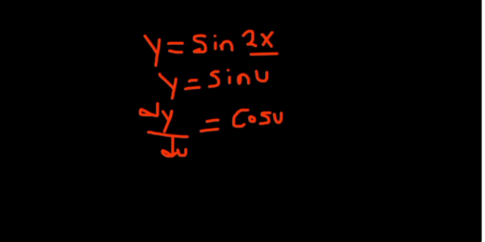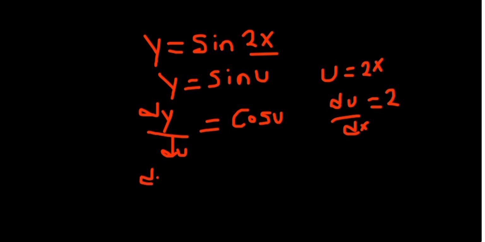Then since our u is equal to 2x, the differential of u with respect to x, which we call du/dx, is just equal to 2. So from the chain rule, for us to find dy/dx, we're supposed to multiply by the 2. So this is dy/dx.